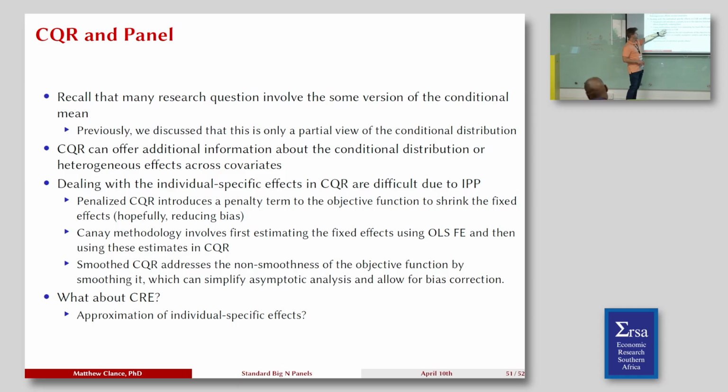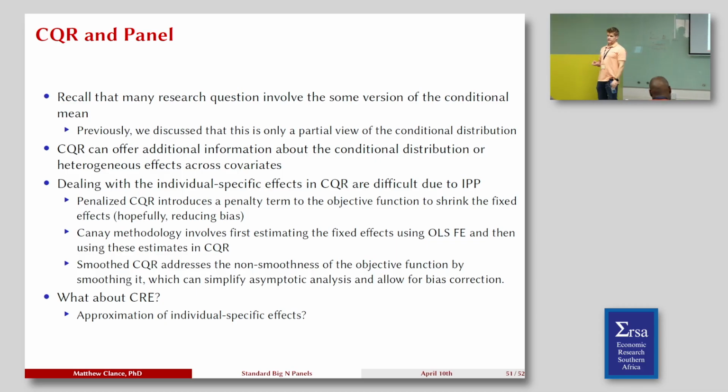The other is something called, I'm not sure if it's Kane or Kana, which involves estimating a first stage OLS model and then borrowing the fixed effects from that model after they're calculated and, with a little calculation, including a statistic from that information in the quantile regression. Okay?